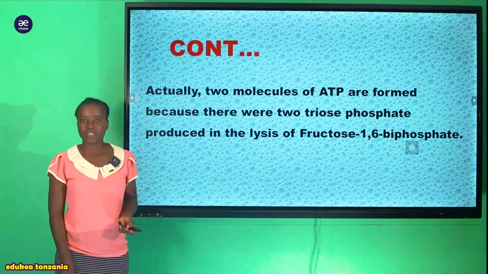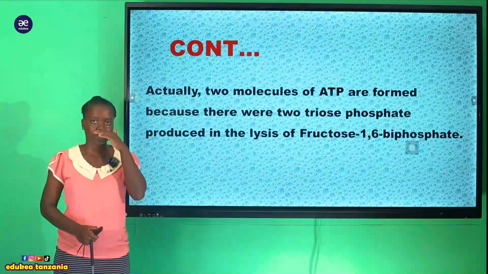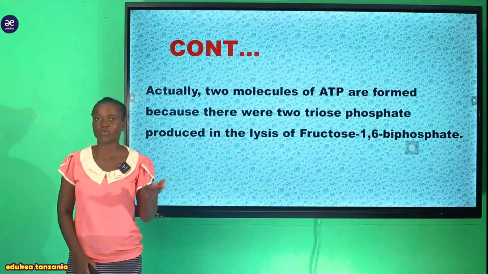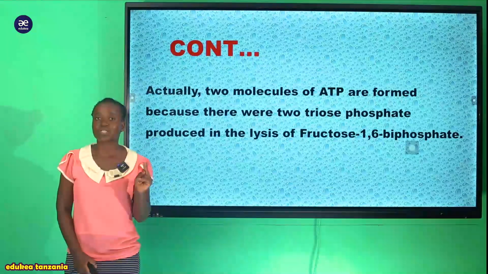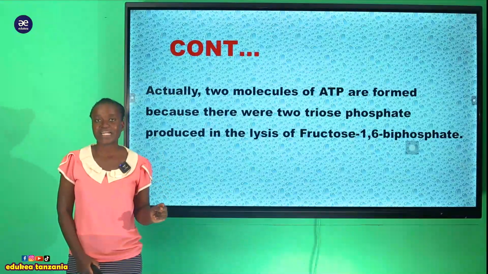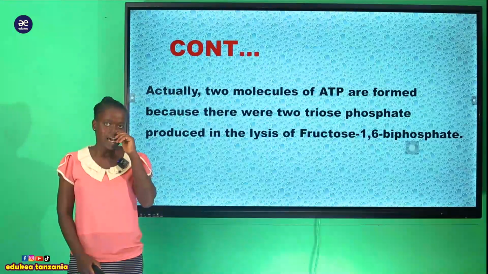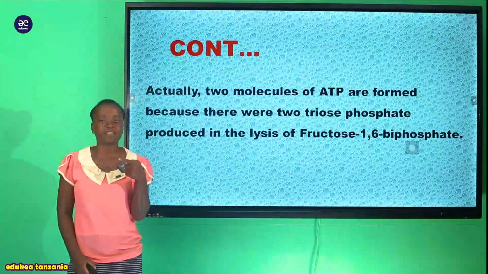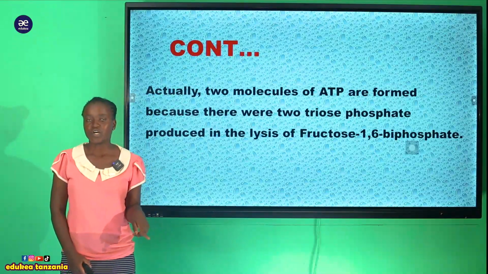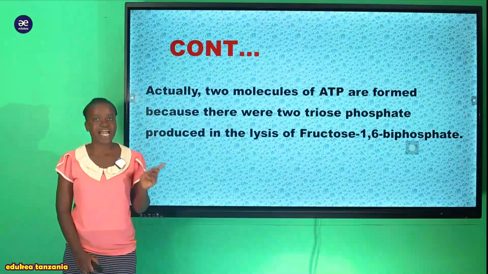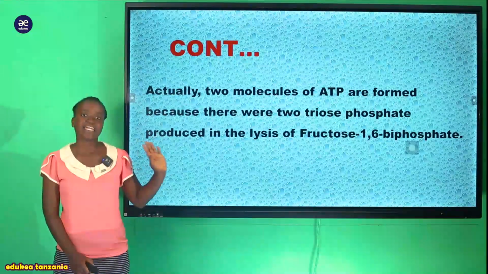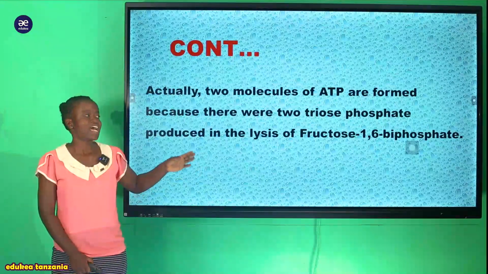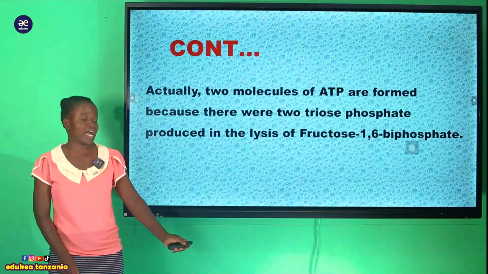That is, 2 molecules of ATP are formed just because the fructose molecule, after its lysis, gives us 3 carbon sugars, and the first carbon sugar we have said is glyceraldehyde 3 phosphate, and the other is dihydroxyacetone, and in order for the dihydroxyacetone to enter into the glycolytic pathway so that ATP can be formed, it must be isomerized. So after isomerization, the dihydroxyacetone becomes the glyceraldehyde molecule. So the glyceraldehyde 3 phosphate goes through those stages as usual and forms another molecule of ATP.